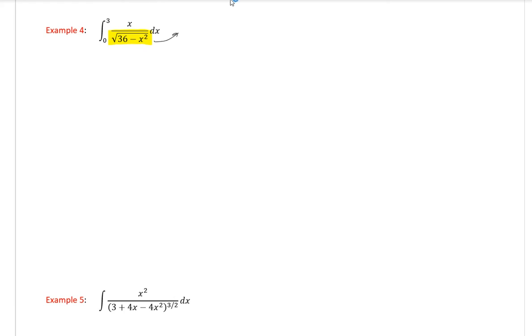So what we're actually going to use is sine here. Since this is the square root of 6 squared minus x squared, we're going to say that a is 6. So therefore, x is going to be 6 sine of theta, and dx is going to be 6 cosine of theta d theta.